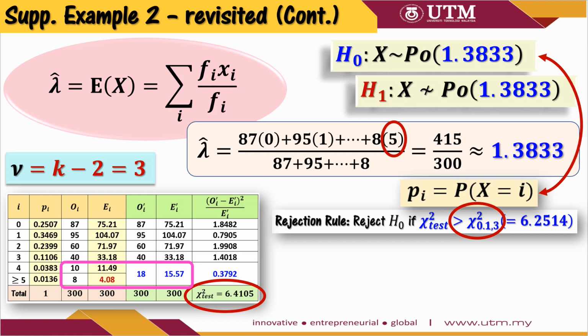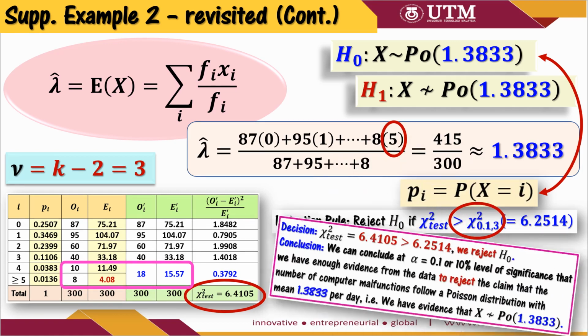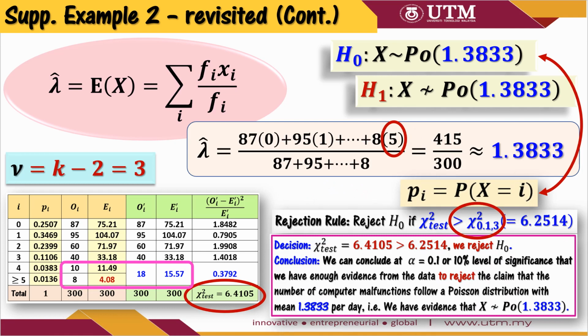Using this estimated lambda value, we still come up with the same decision and conclusion at 10% level of significance, where we have evidence from the sample data to reject the claim that the number of computer malfunctions follow a Poisson distribution with expected mean of 1.3833 per day.